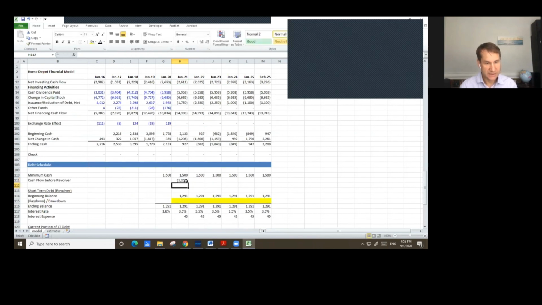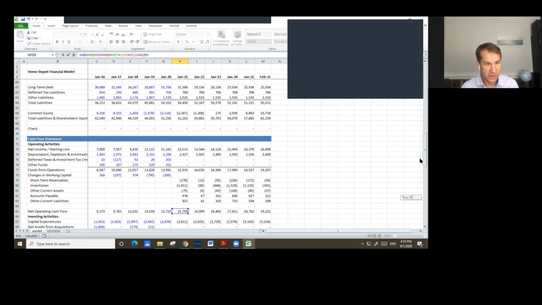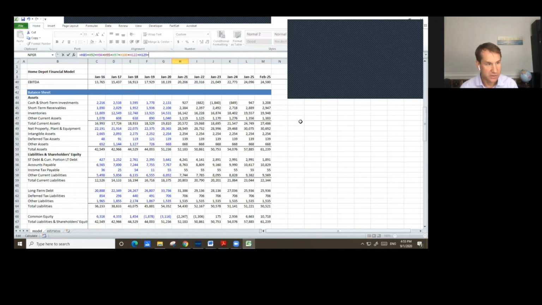So this is basically cash flows before we need to draw on the revolver. I would also like to include cash as available to pay down the revolver. I'll include cash from prior year, but I don't want to use all of it.